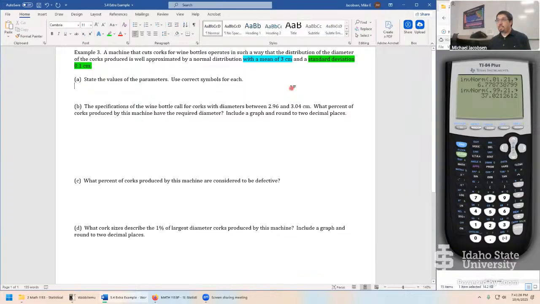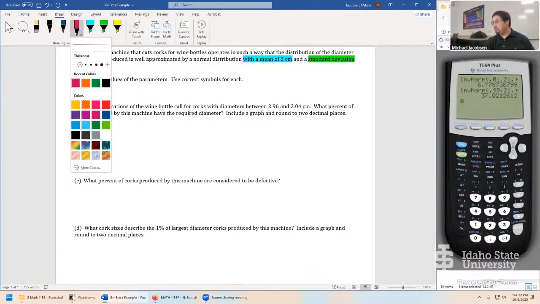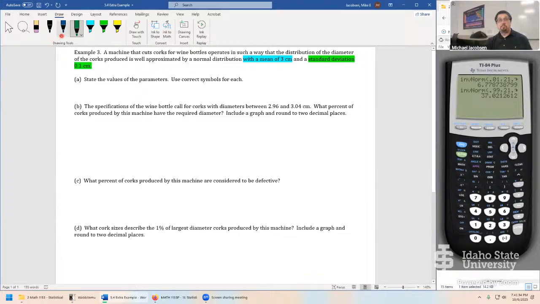So imagine you're a quality control inspection person for some company that's doing this kind of work. It's important work after all. You're going to be modeling this by first stating the values of the parameters, kind of a redo of what we did before, but sometimes this is the tricky question in an exam or quiz setting. When it says use correct symbols for each, just a reminder, the mean is mu.